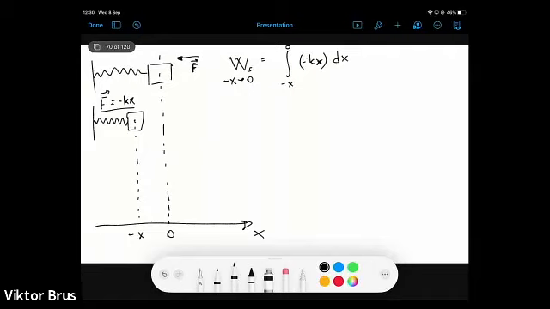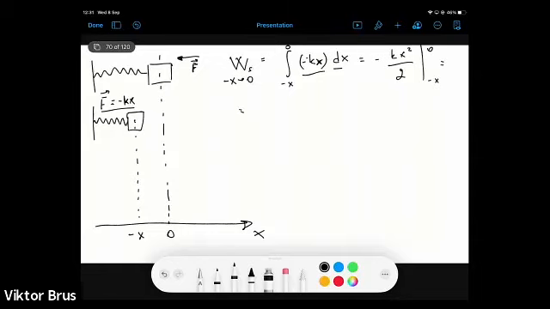So this is our force, minus kx. This is displacement, dx. So now if we integrate it, it will be minus kx squared divided by 2 from minus x to 0.